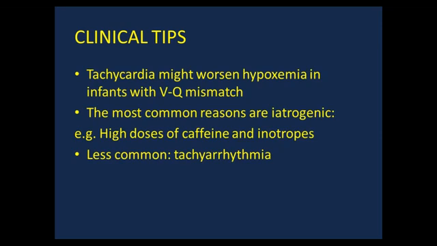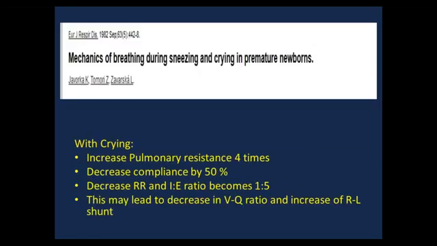Less common causes include tachyarrhythmia. What about crying? If you have an infant who is crying and healthy, there is no problem. The healthy infant can cry for a long time without any issues. But in a premature infant with ventilation perfusion mismatch or significant right to left shunt, when he cries, the pulmonary resistance might increase 4 times.